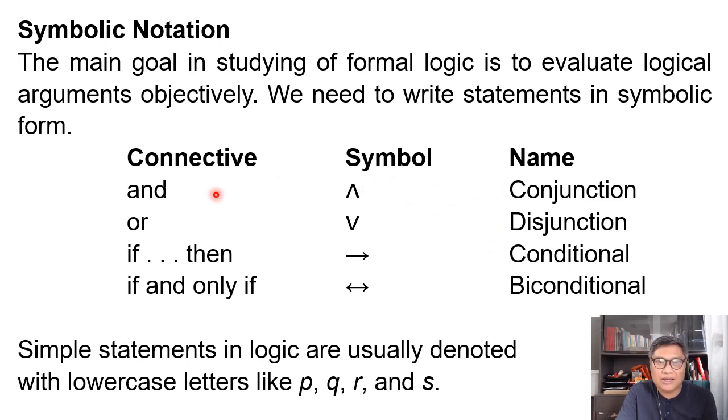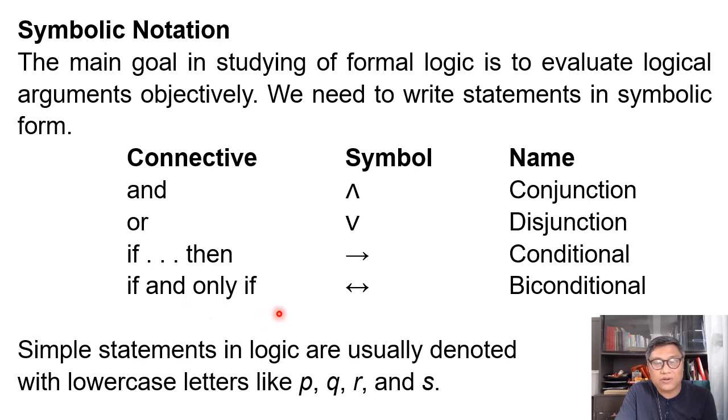So again, as a connective, the symbol is the inverted V. The name of the connective is conjunction. If you encounter the word or as a connective, it is symbolized by the letter V. The name of the connective is disjunction. And the if-then statement, the symbol is an arrow pointing to the right, and this is what we call a conditional.